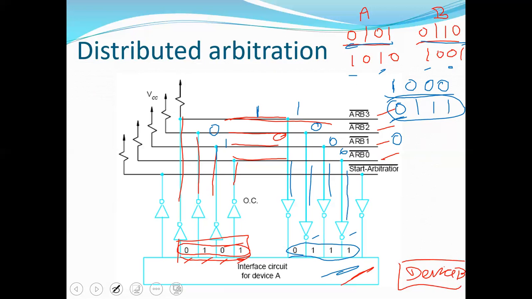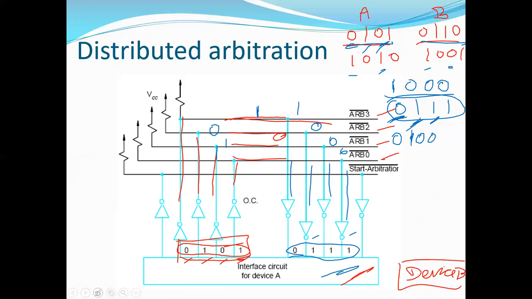So for device A, start matching from the MSB. 0 matches, so put a 0, and then 1 matches, so put 1, and then this is 1 and this is 0, so it does not match, hence the rest of the bits are 0.